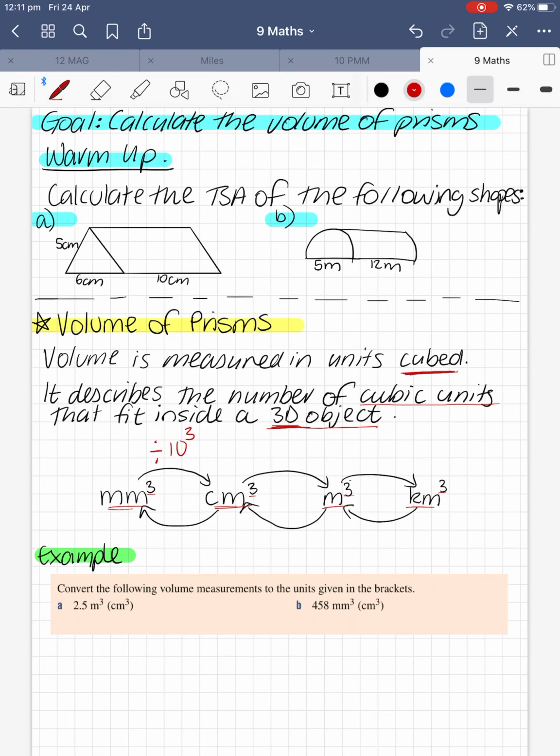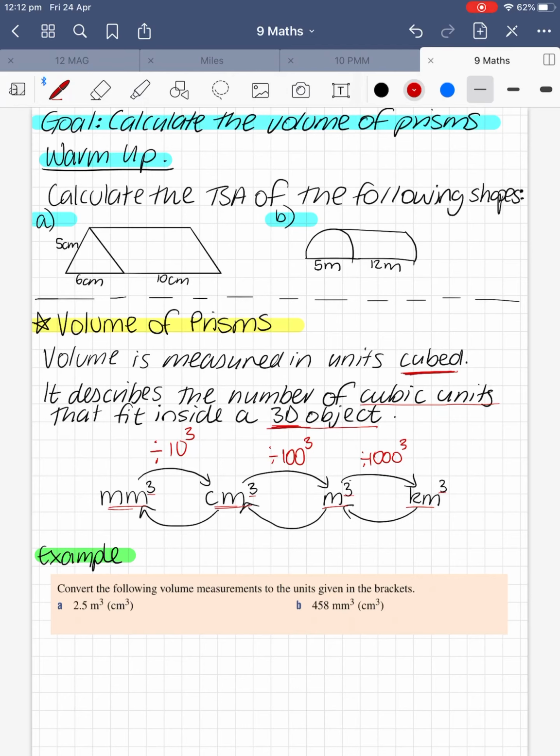All right, but in this case, we're going to divide by 10 cubed because we need to do that for each dimension that we're working in. Centimeters to meters, normally we divide by 100, and in this case, we're going to divide by 100 cubed. And meters to kilometers, we normally divide by 1,000, but in this case, it's 1,000 cubed.